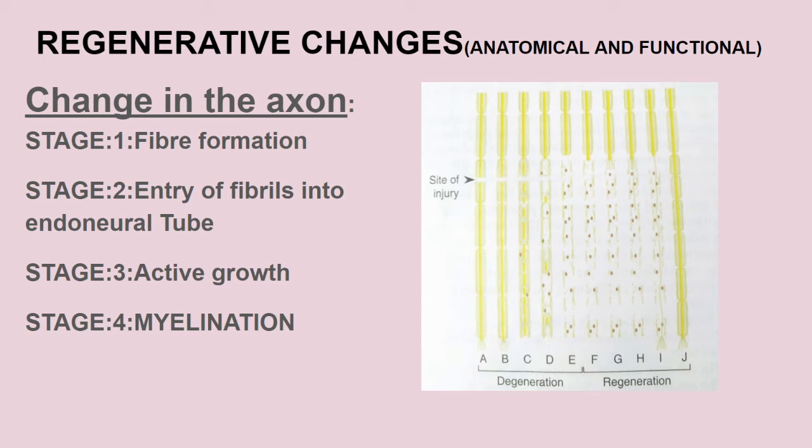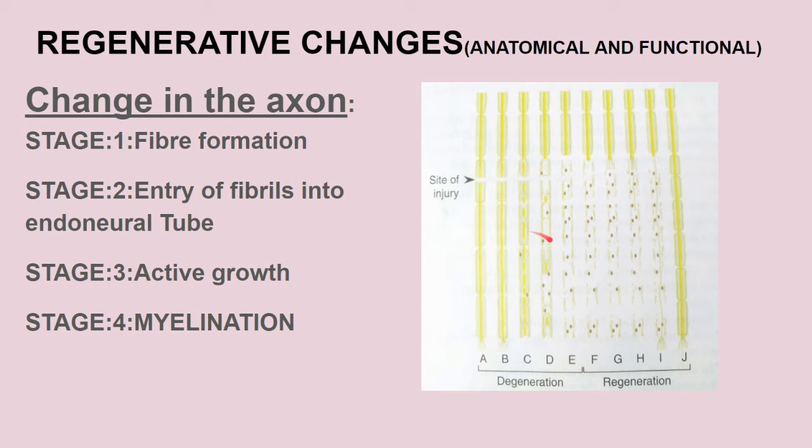This is the first process, the fiber formation. And next is stage 2, which is the entry of the fibrils into the endoneural tube. Over here, the strands of the Schwann cells from the distal cut end of the axon guide the regenerating fibrils to enter the endoneural tube.